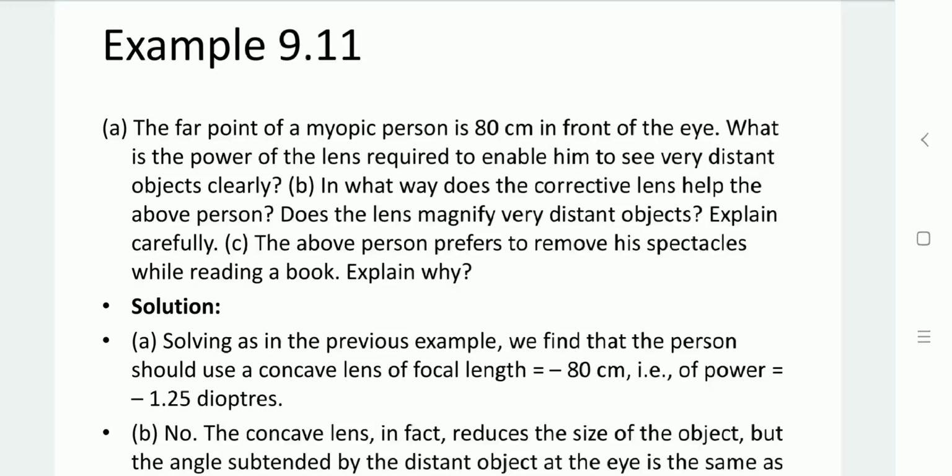The angular size of the book at the greater distance is evidently less than the angular size when the book is placed at 25 centimeter, and that's why the spectacles are not needed. So that person can remove his spectacles while reading.